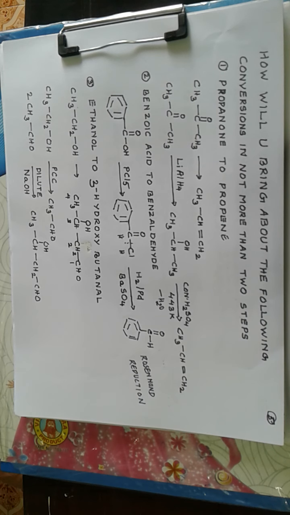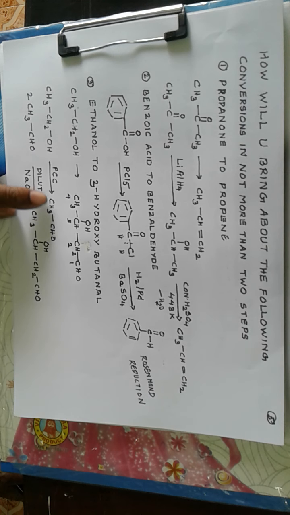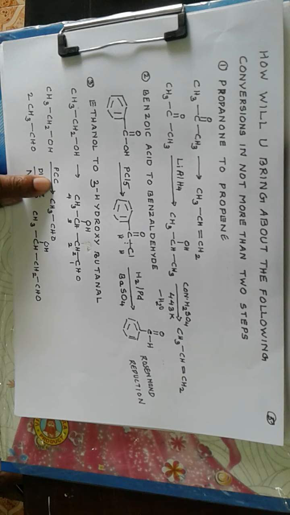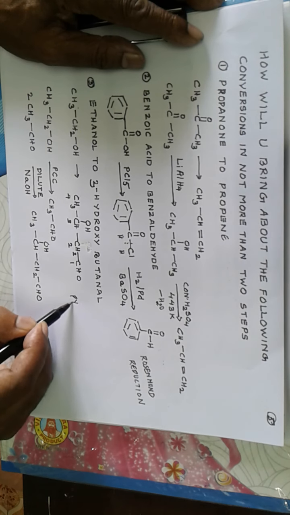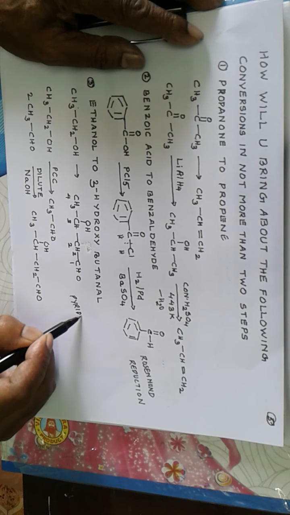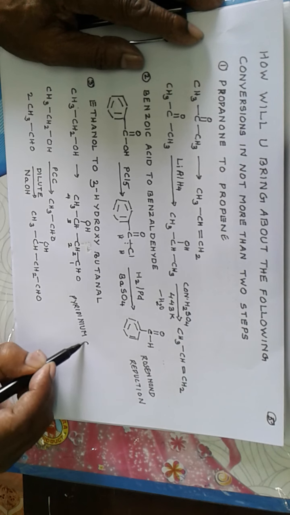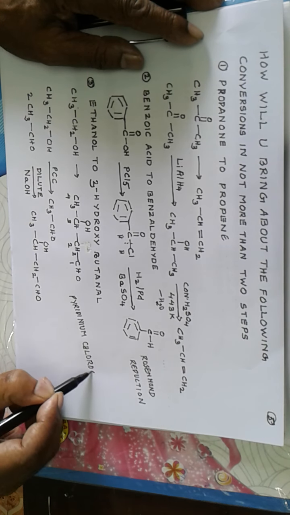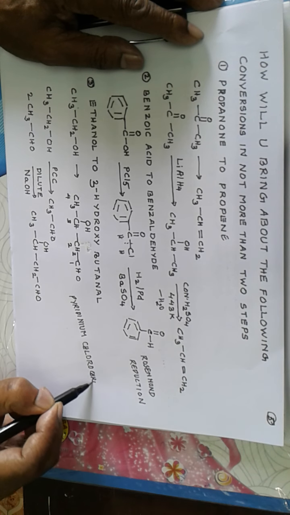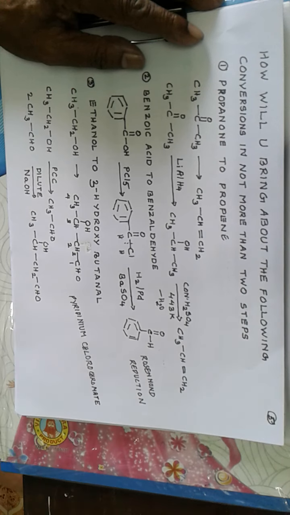Now ethanol to 3-hydroxybutanal. First of all, ethanol is oxidized to an aldehyde using pyridinium chlorochromate. Pyridinium chlorochromate is the reagent.